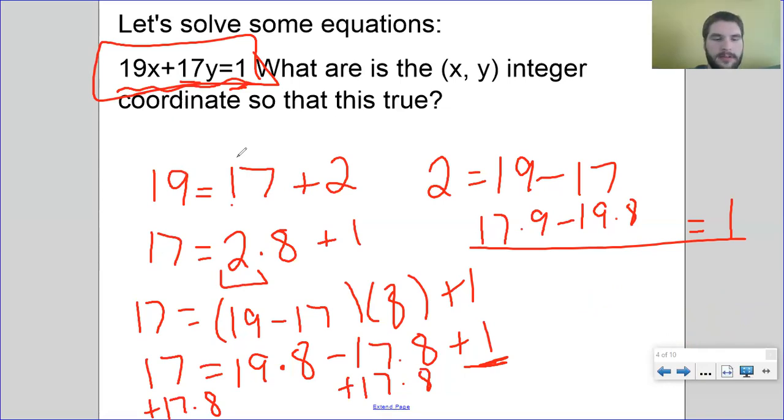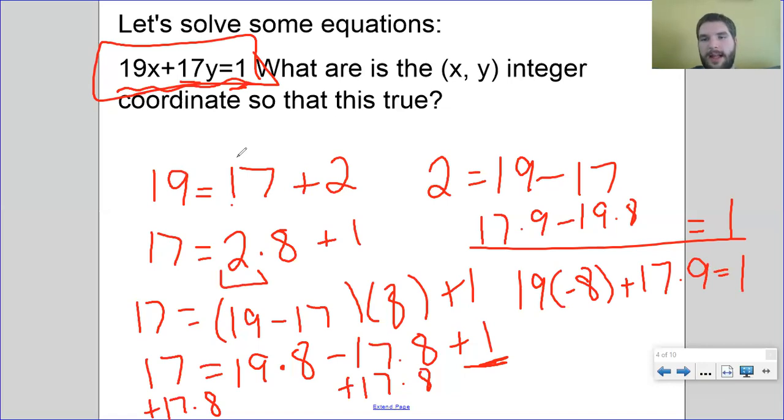Close, very close. Olivia? X is -8. Yeah, if we rewrite this as 19 times -8 plus 17 times 9 is equal to 1, now we realize x could be -8 and y could be 9. So we could get the coordinate -8, comma 9. What do we think about that?